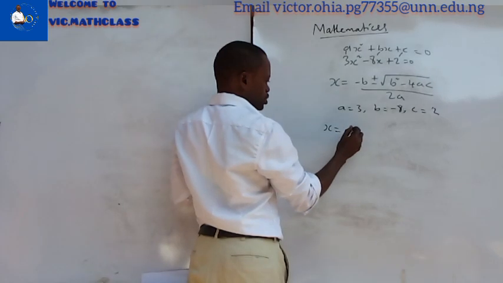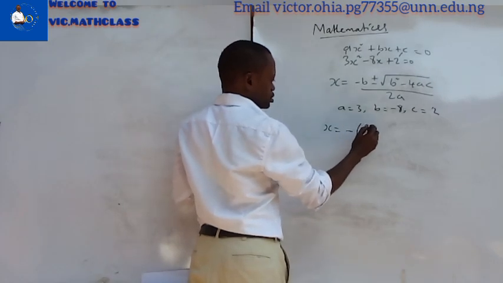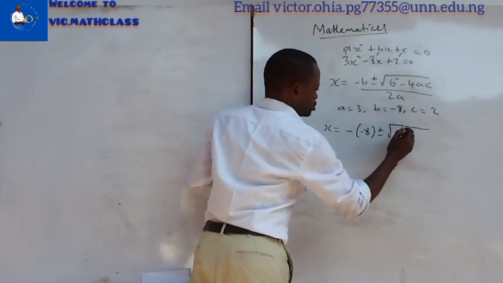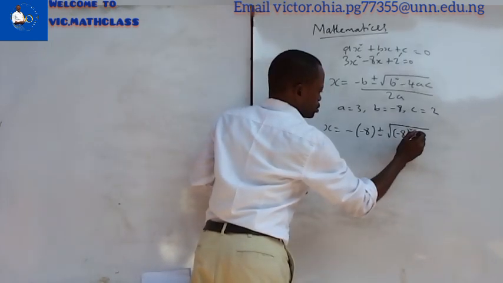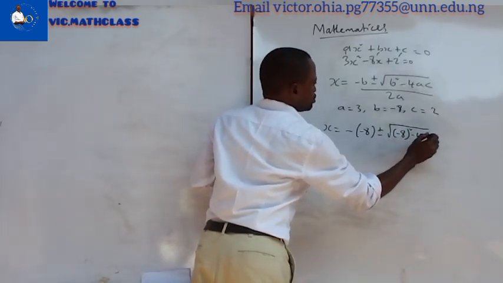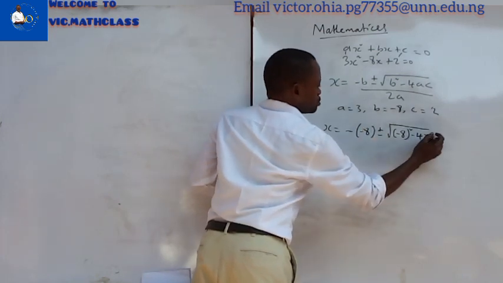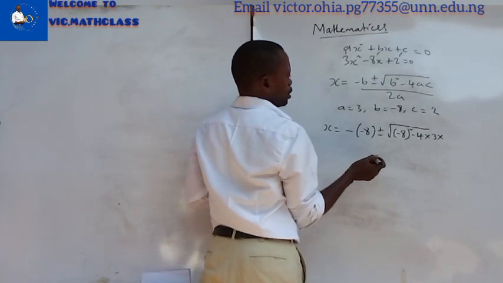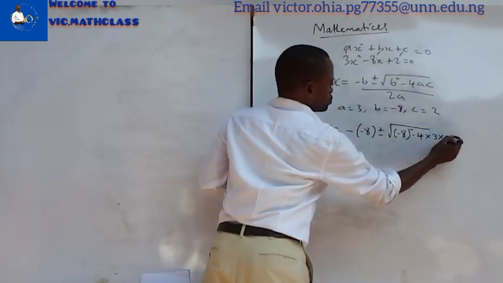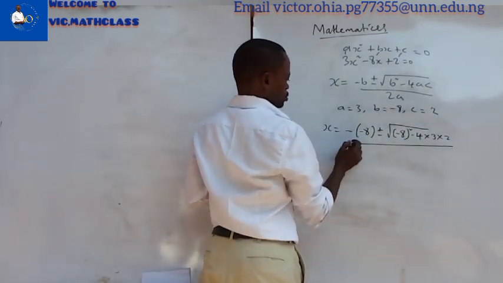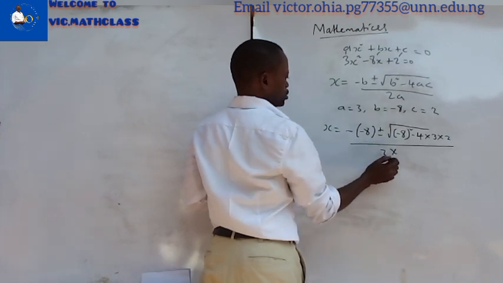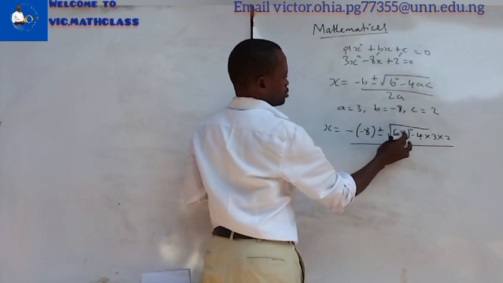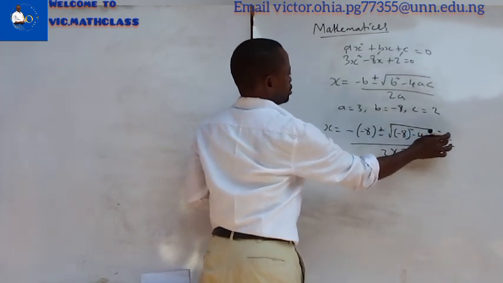It is the minus in the formula, and then b is minus 8, plus or minus square root of minus 8 squared minus 4 times a, which is 3, times c, which is 2, all over 2 times a, which is 3.